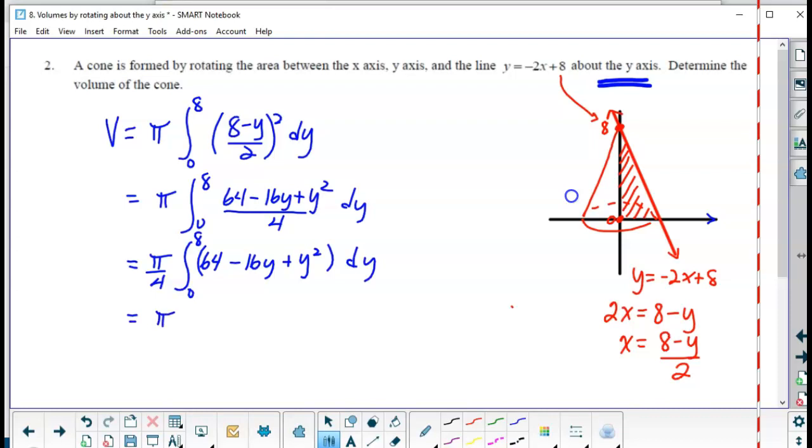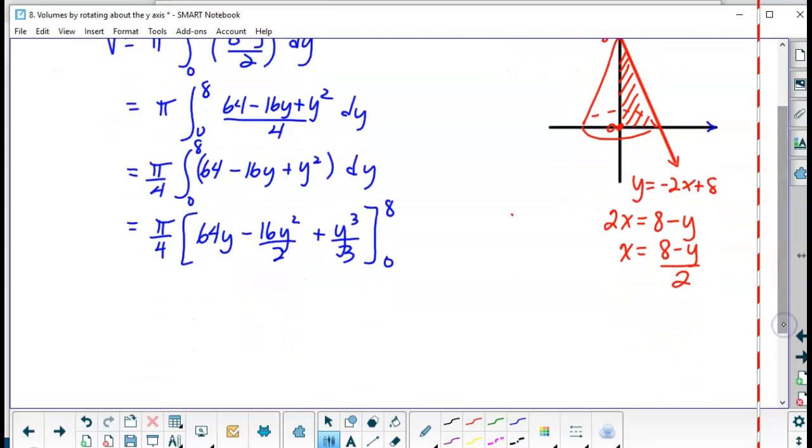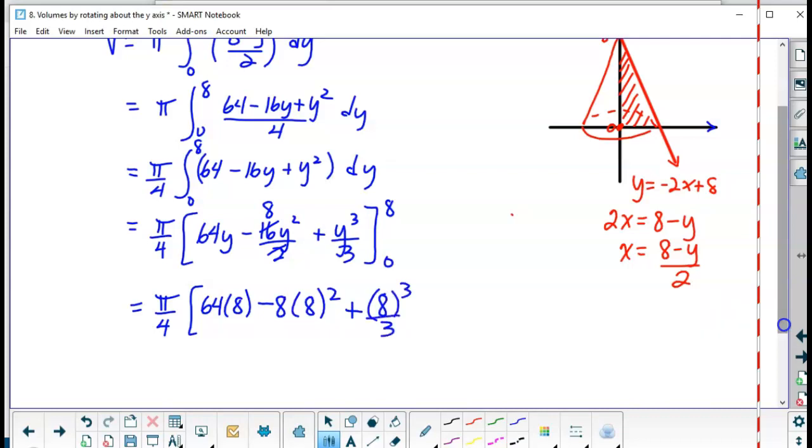Okay, now let's integrate. So pi over 4 times 64y minus 16y squared over 2 plus y cubed over 3, from 0 to 8. Okay, so now I'm going to have 64 times 8; 2 goes into 16 8 times, so minus 8 times 8 squared plus 8 cubed over 3.